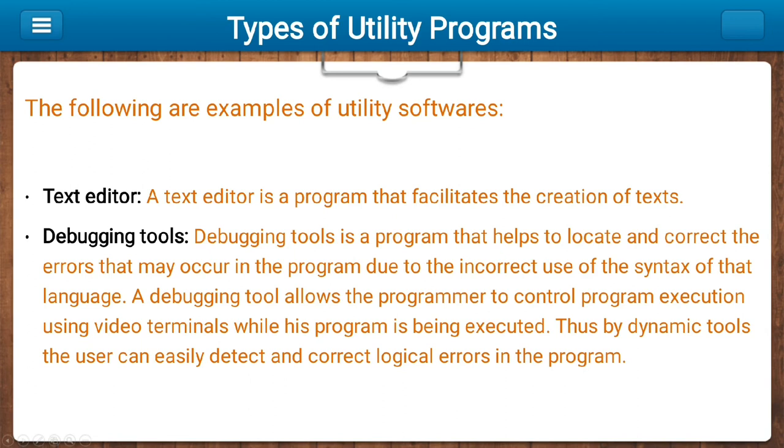If you are typing that in a utility software, the debugging tool will detect that error and help you locate where the error is, and then the programmer can correct those errors. Step by step it will display the errors and help you debug them. Different types of errors will be found: syntax errors, logical errors, semantic errors, runtime errors, like that.